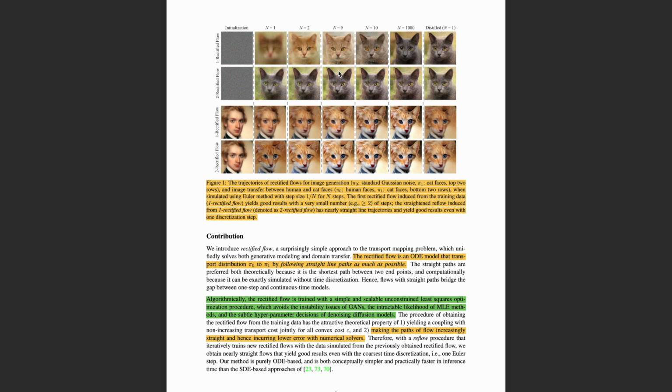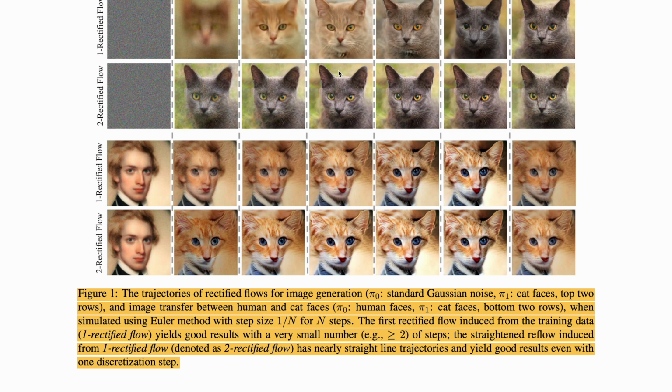Okay, so let's have a look at this image, for example. Here, on the top 2 rows, they learn to go from a well-behaved Gaussian distribution towards a data distribution. So here it's really similar to diffusion models.